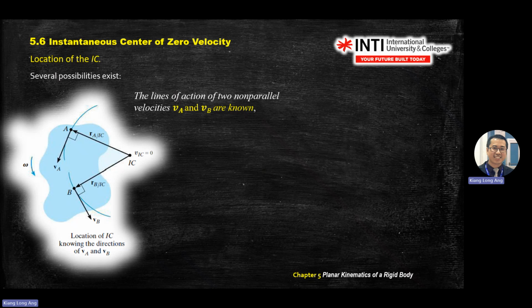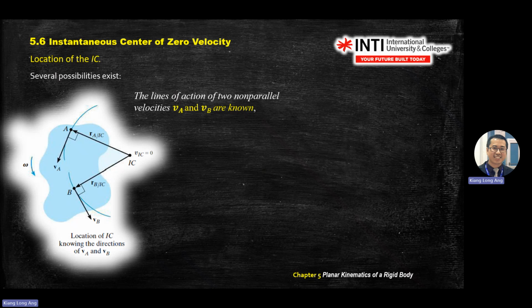Instantaneous center also means at this position, this point doesn't move, right? So then you label accordingly. Someone stands here, looks to A, the arrow pointing from the instantaneous center to A. So you label r_A/IC, from IC to A here. r_B/IC from IC to B, like this.